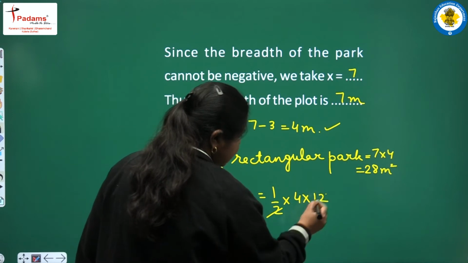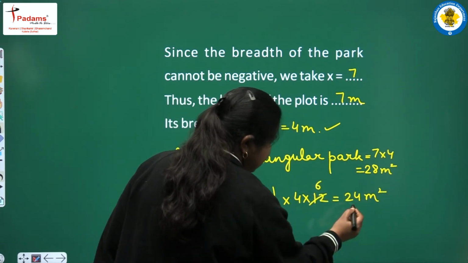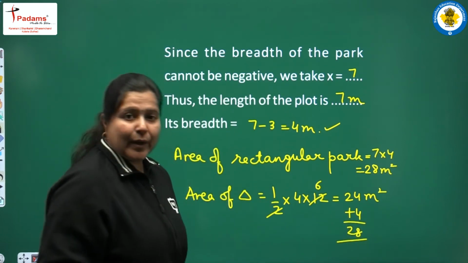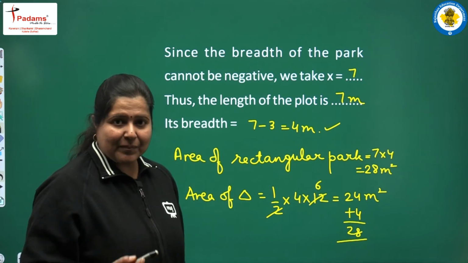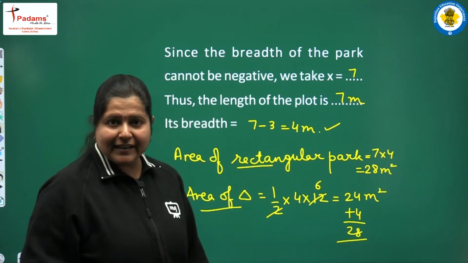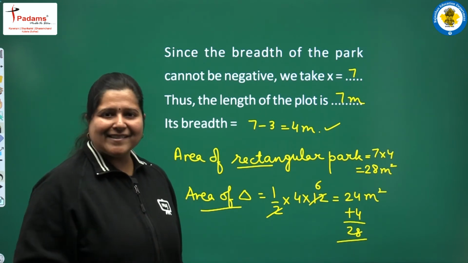Now this will be 6 into 4, 24 meter square. और आप देखिए अगर हम इसमें +4 करें तो हमें मिल रहा है equal to 28, which is the area of the rectangular park. और यही तो दिया था कि पार्क का एरिया 4 मीटर स्क्वायर ज़्यादा है एरिया ऑफ ट्राइंगल से, और वो कंडीशन सैटिस्फाई हो रही है. Got the point? The answer is correct.